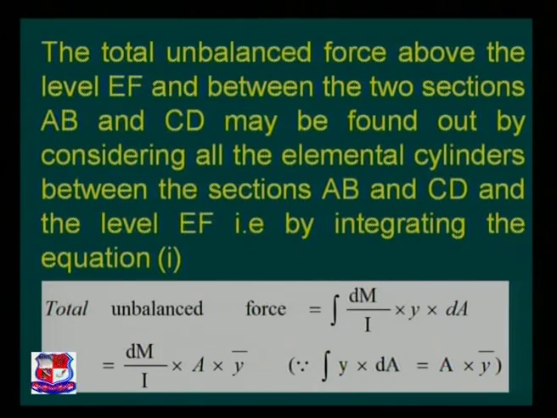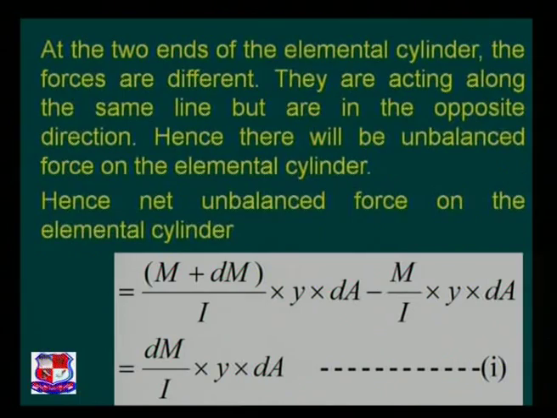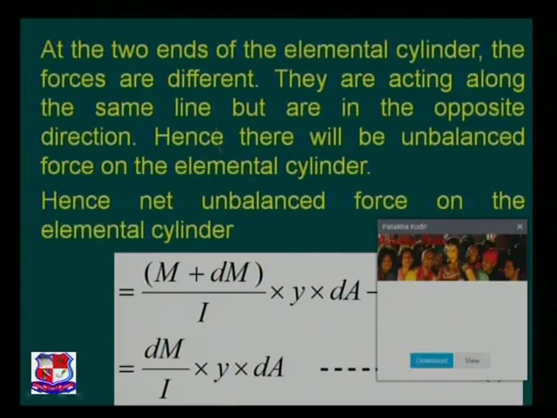The total unbalanced force above the level EF and between the two sections AB and CD may be found by considering all the elemental cylinders between the sections AB and CD and the level EF, and that is achieved by integrating equation number 1.